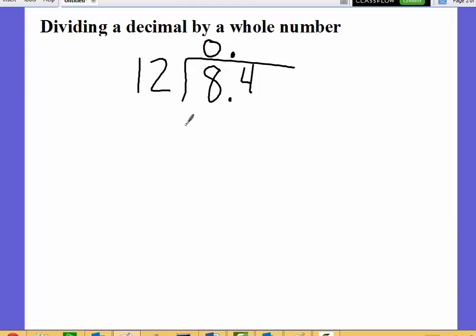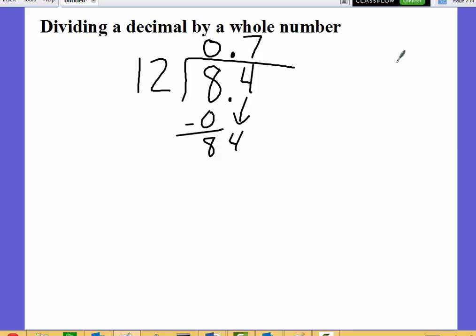I multiply, subtract, bring down. You'll notice when I bring down, I don't bring that decimal down. I just have this number 84. I'm going to treat this problem just like a regular division problem. Just ignore my decimal now. How many times does 12 go into 84? Well, if you know your multiplication well, you'll know it's 7.